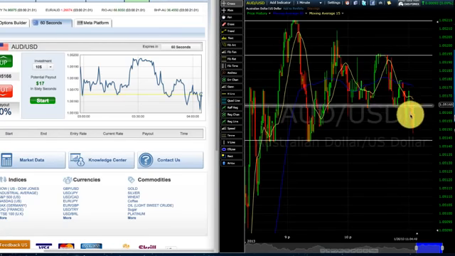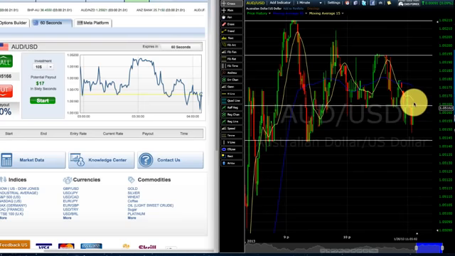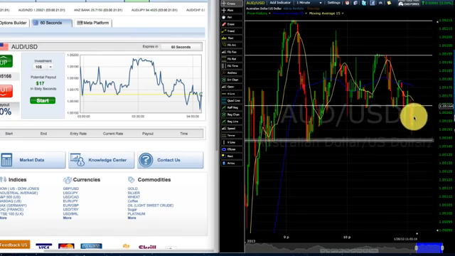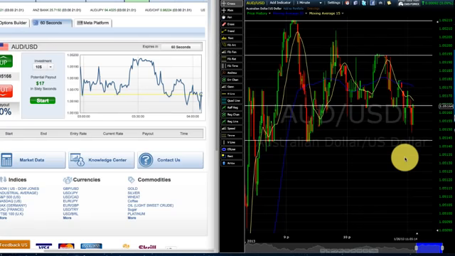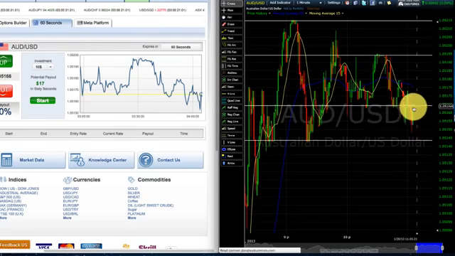It looks like here it tried to go down, but has gone back up to this support level. So we'll keep monitoring, and once we see it really go in an upwards direction, we'll trade that, or if we see it go in a downwards direction, we'll trade that. A bit of patience is required here.